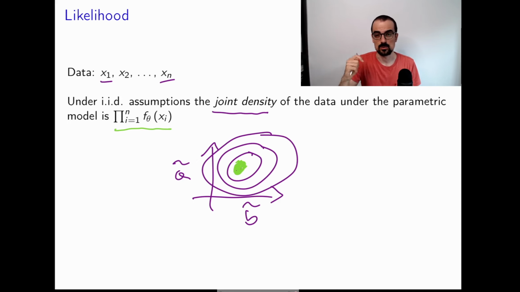These are densities, so it's not immediate. Again, we're going to talk more about it later on, but for now we will just say that when random variables are IID, their joint density is going to factorize into their individual densities. And because we're saying that they're identically distributed, that's the assumption that we make when we're trying to estimate this parametric PDF from data, we're using the same function here.